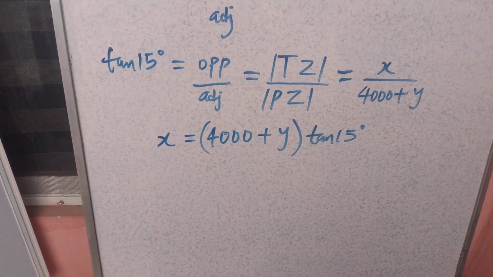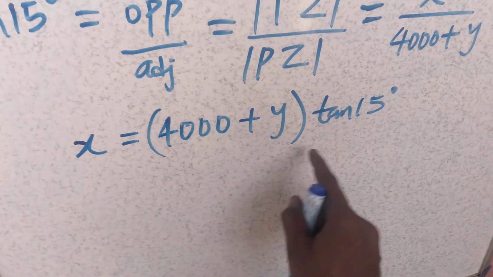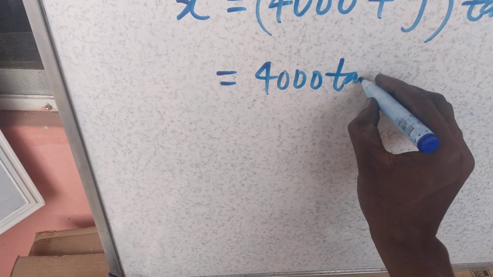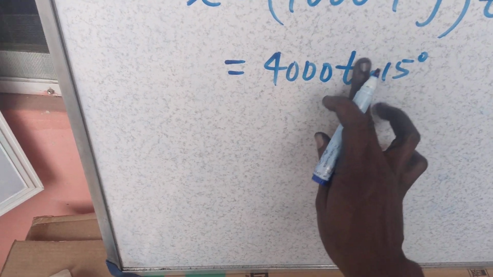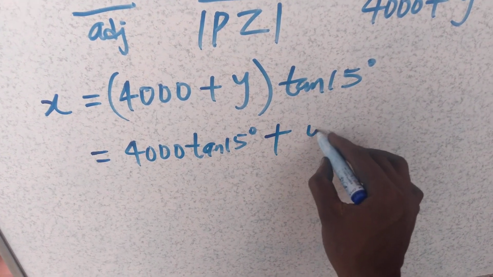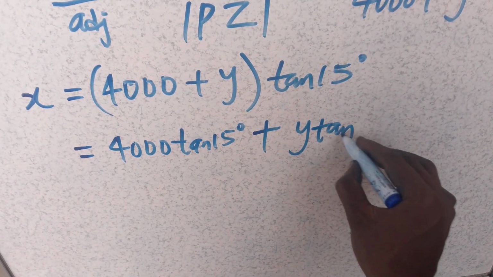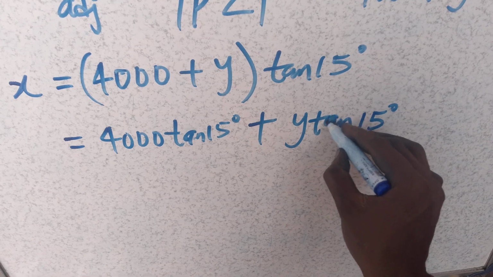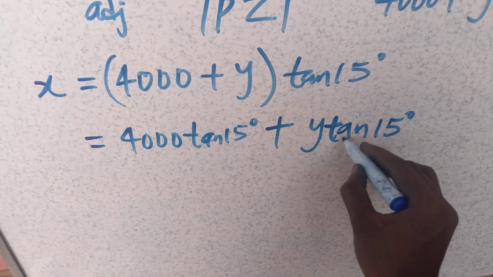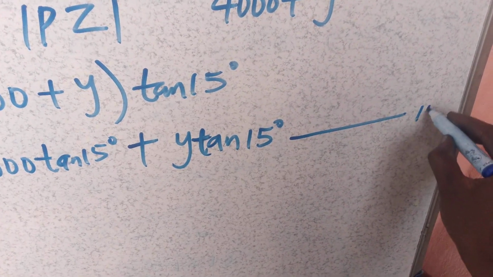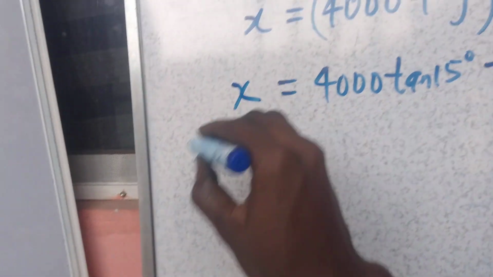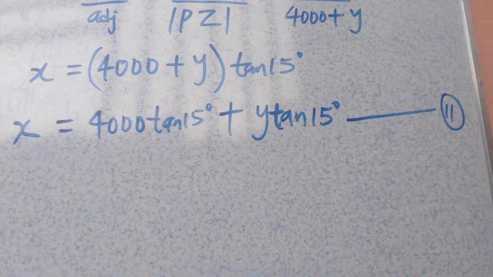Now if I expand this, 4,000 multiplied by tan 15, that will be 4,000 tan 15, and Y will multiply tan 15, that is plus Y tan 15 degrees. I call this equation 2. So X is equals to 4,000 tan 15 plus Y tan 15 degrees.